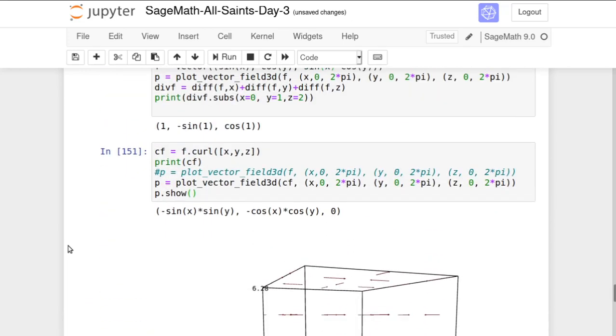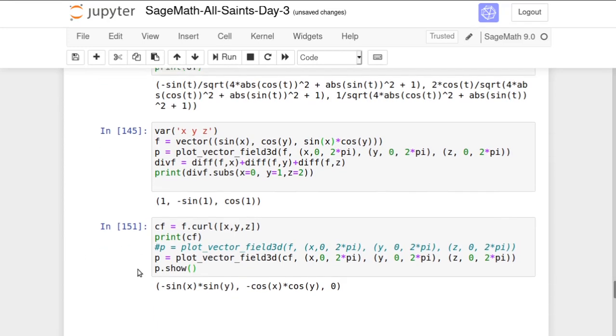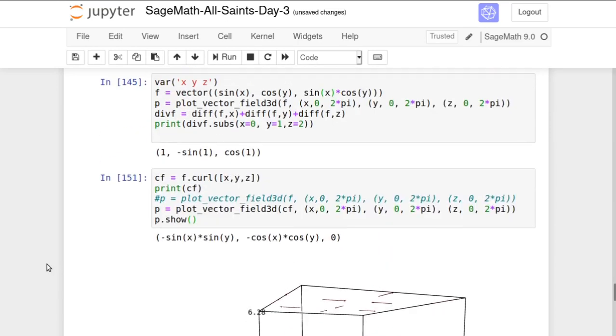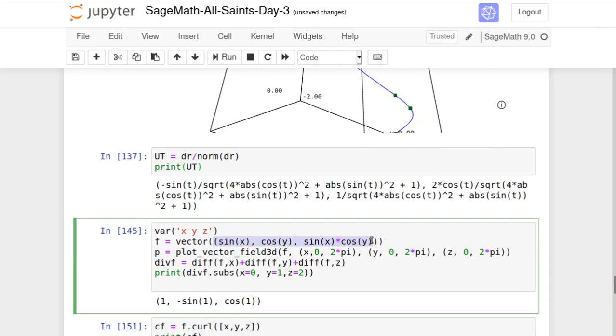F has no attribute. Why is it happening like that? For gradient, f should be scalar. Oh, this is the vector valued function I have given. I defined it as a vector, that's the mistake I made. Okay, sorry.